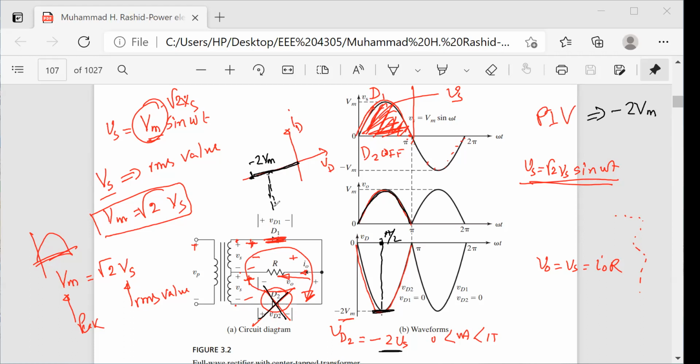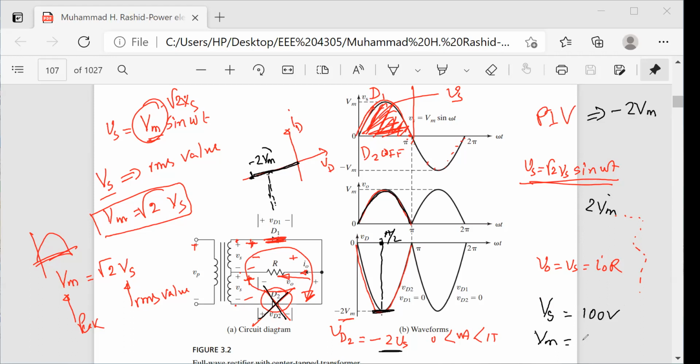So when you go to the market to buy a diode for your rectifier, you have to design your circuit and ask the seller for a PIV greater than 2 Vm. He will not understand what Vm is.